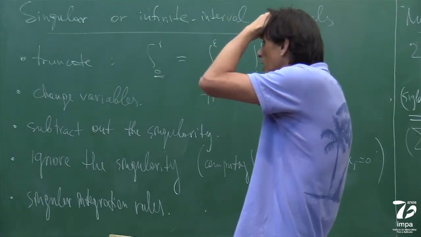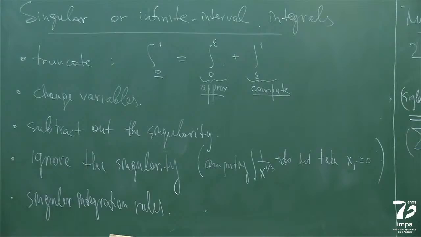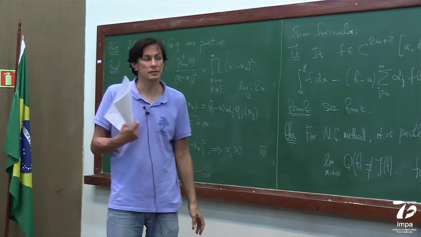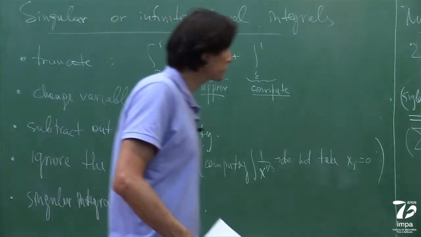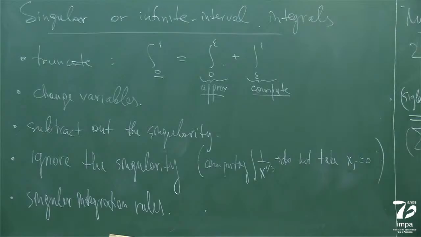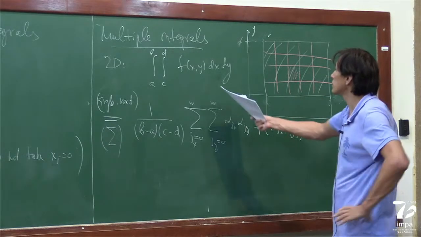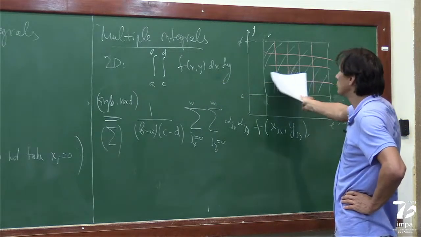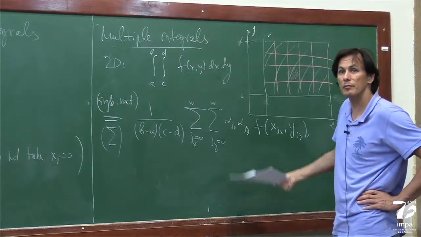So next time we still address this issue of computing integrals, and I will be talking about this probabilistic way, the Monte Carlo method. You see, for multiple integrals, in 2 dimensions you can compute it by taking more points, in 3 dimensions and so on.